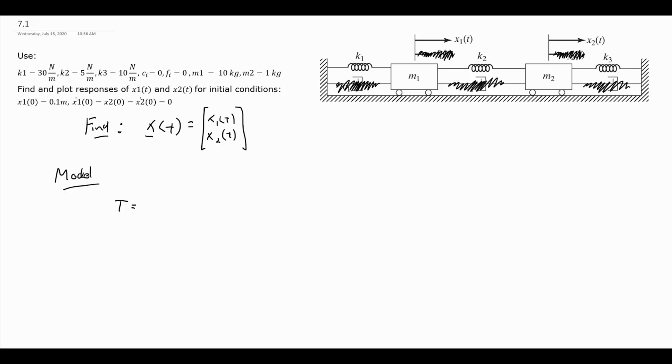So for example, if we hold m1 still, so set x1 equal to 0, we can move m2. x2 can be non-zero. We can move it left and right, and that's okay. The spring is just going to expand or contract. Conversely, if we hold m2 still, so set x2 equal to 0, we can move m1 left and right, and it can freely move there.